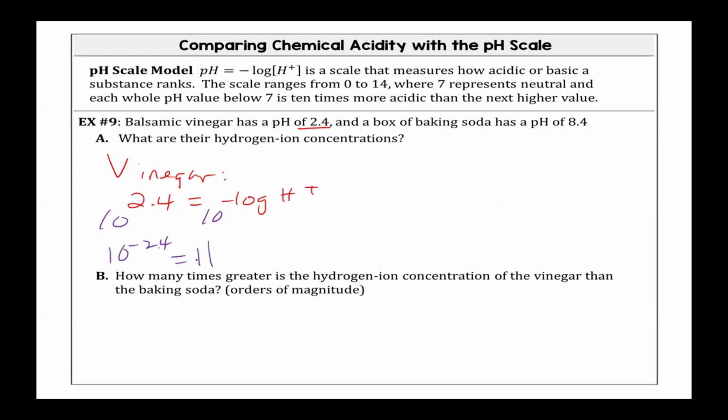When we put that in the calculator, we get 3.98 times 10 to the negative 3. And I'm not a chemist, but I'm pretty sure the units are moles per liter. So we did vinegar. I want you to pause and follow the same process with the baking soda.